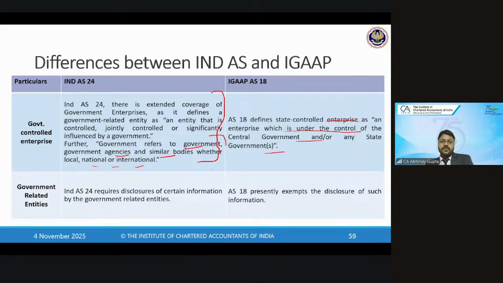So the definition of government is also wider under Ind AS as compared to AS 18, right? And then for government related information, certain disclosures are required. Still, after claiming the exemption, AS 18 completely exempts, right? No disclosures are required.